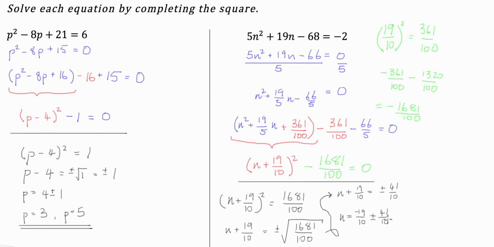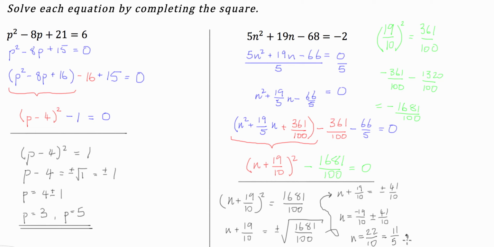So let's start with the plus. We have negative 19 over 10 plus 41 over 10, which is equal to positive 22 over 10, which is equal to 11 over 5.